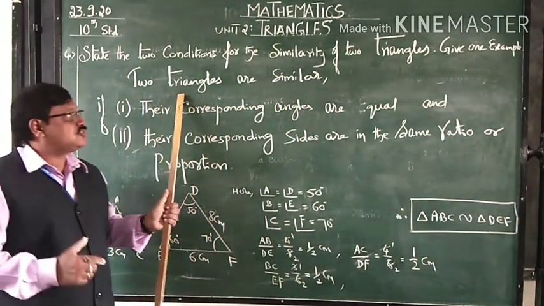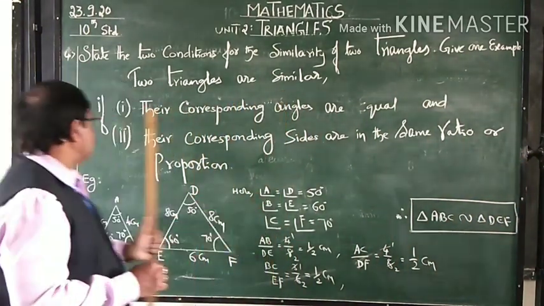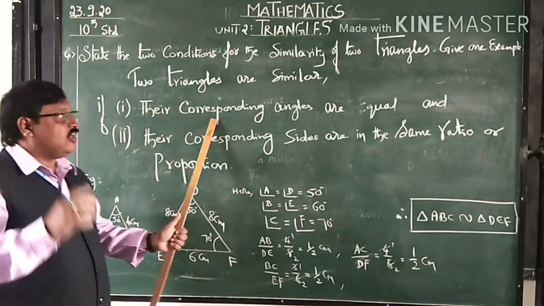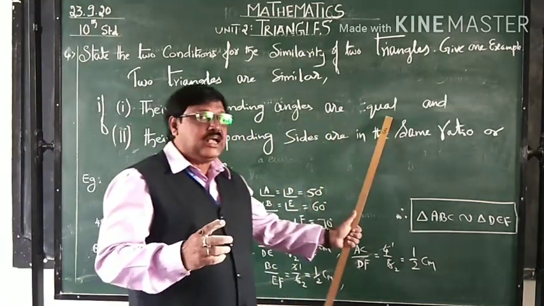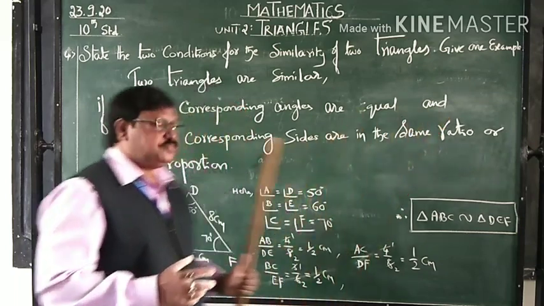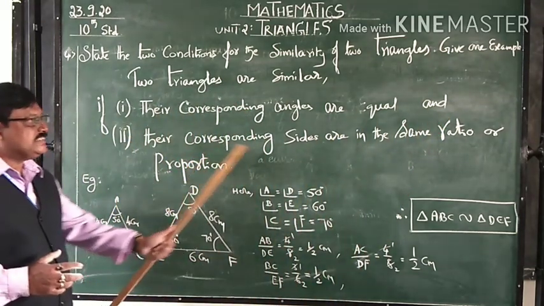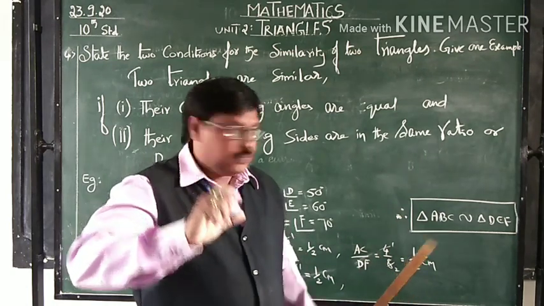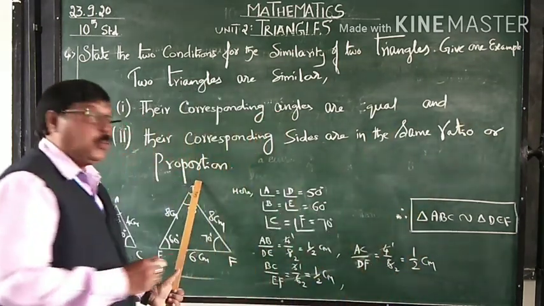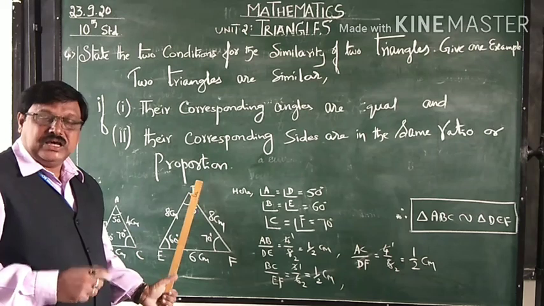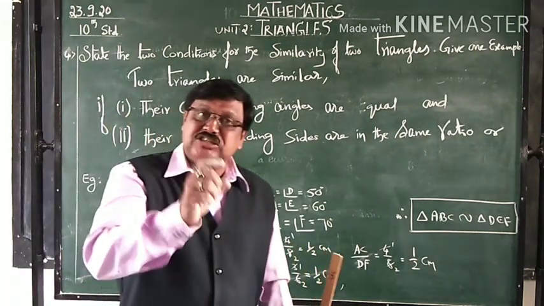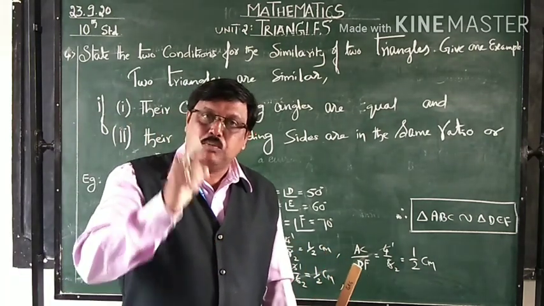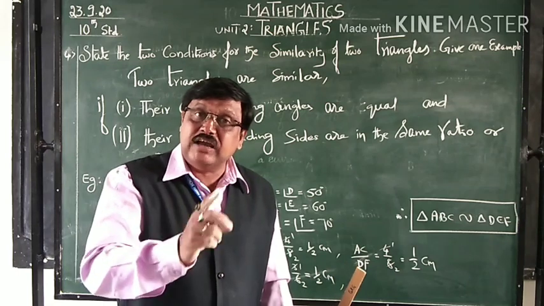Two triangles are similar if their corresponding angles are equal and their corresponding sides are in the same ratio or proportion. Ratio means the comparison between two quantities. Proportion means the equality of two ratios.